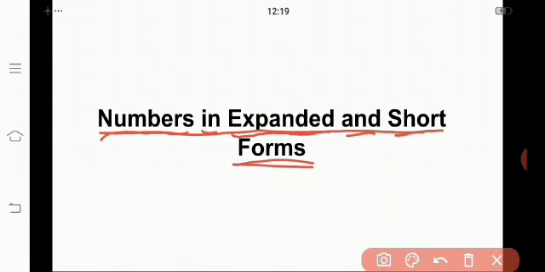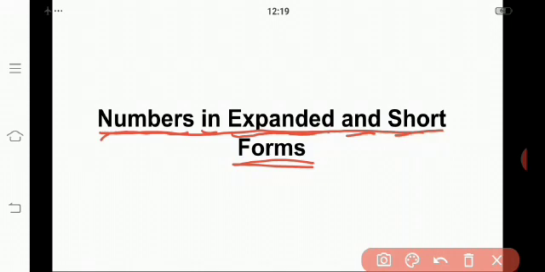Do you remember? Yes, in the expanded form of a number, the number is written according to the place value of its digits. And then what is meant by short form? In the short form of a number, its digits are written in columns based on their place values. Do you remember?